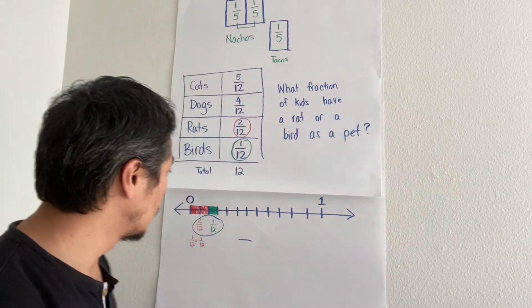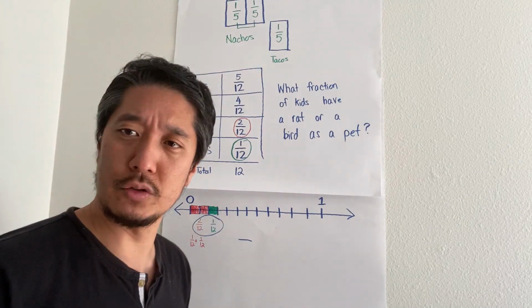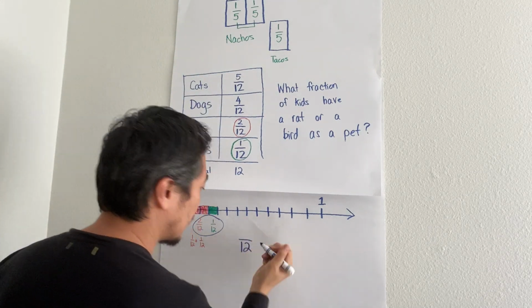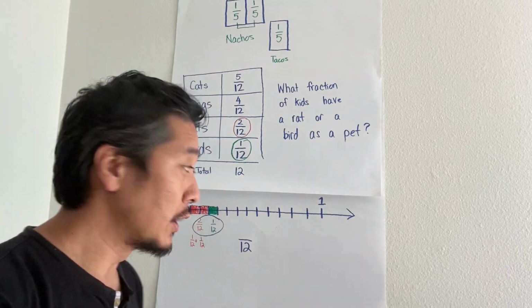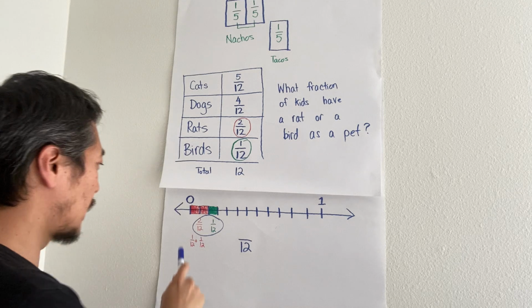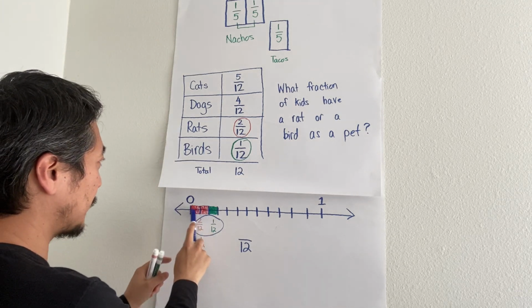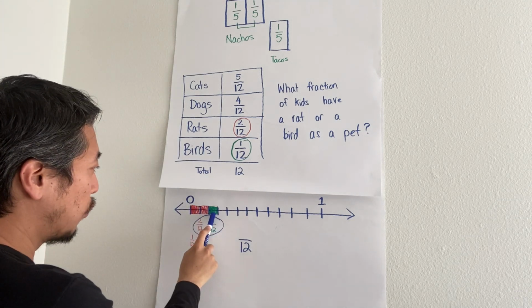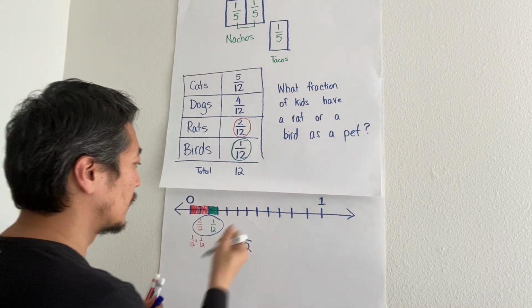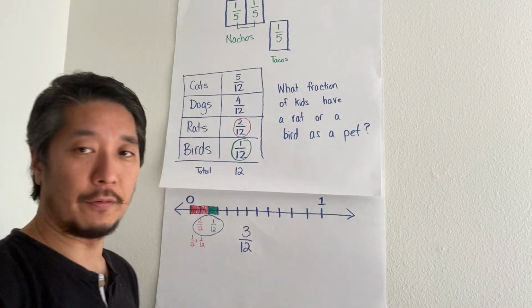They are. So does our denominator change? No, it doesn't. So we're going to put a 12 here on the bottom. And then we're going to count those pieces here. Because they're cut evenly, we can just count the pieces. We got 1, 2. Remember, these are the rats. We have 1/12 of birds. So that's 1, 2, 3. So we got a total of 3/12.